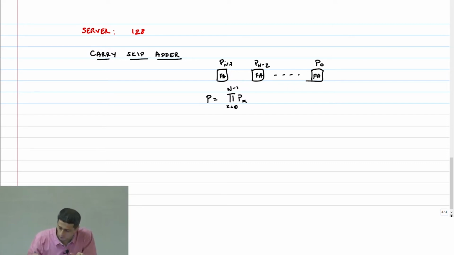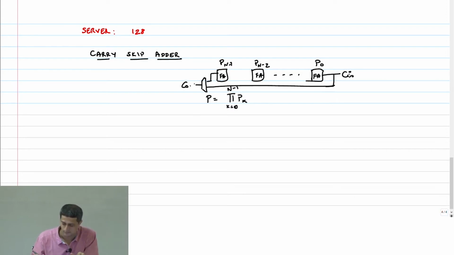Okay? So what you do is you simply put a multiplexer here. C in. This is my C out. And this multiplexer will be controlled by this propagate signal. If it is 0, this is 1. If it is 0, it means at least one adder in between was not in propagate mode.